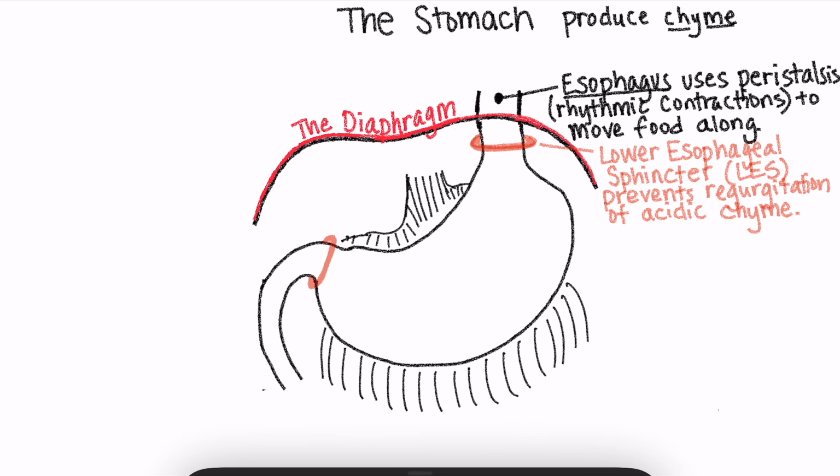Okay, then you also have a guard at the end, and this one is called the pyloric sphincter. That word pyloric means gateway or gatekeeper. And so this is going to guard the small intestine.